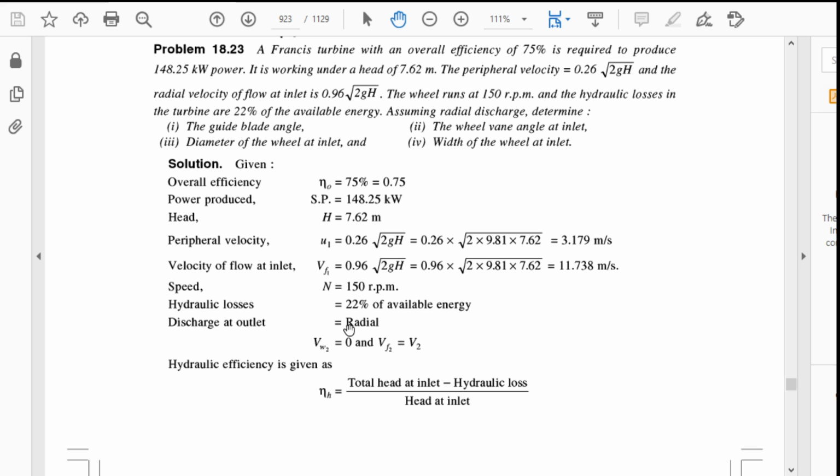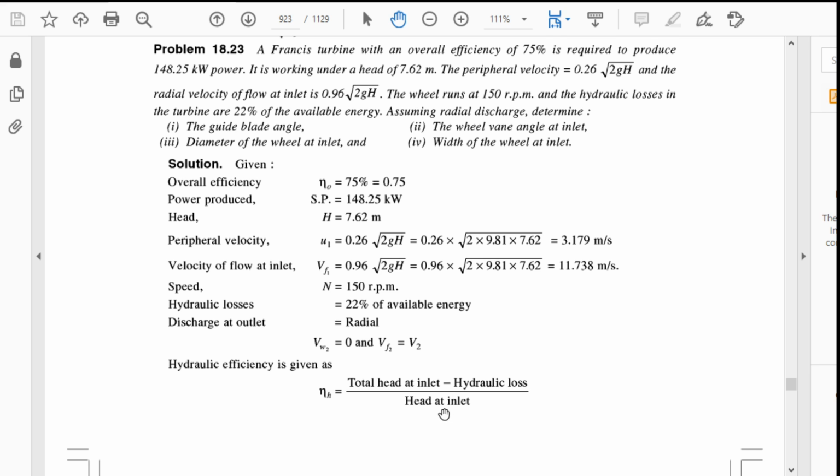Hydraulic efficiency can be found by using eta H equals total head at inlet minus hydraulic losses divided by head at inlet.